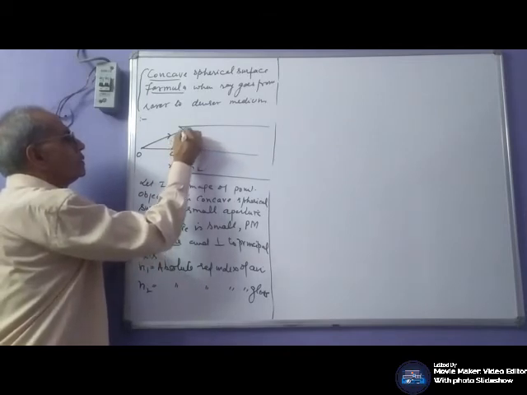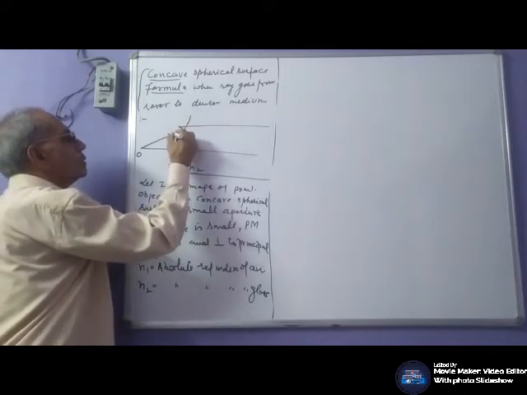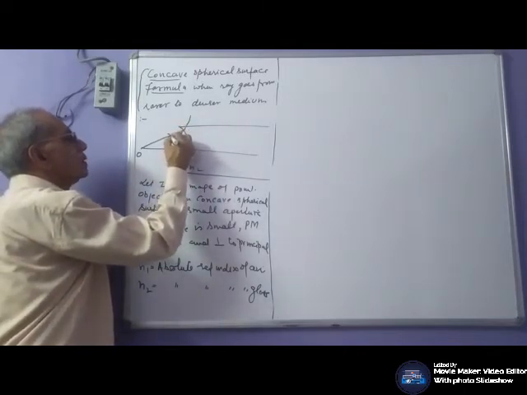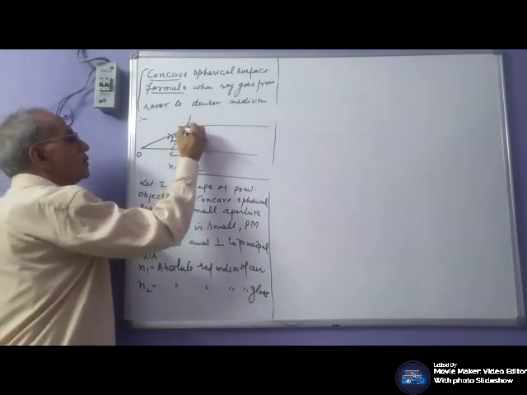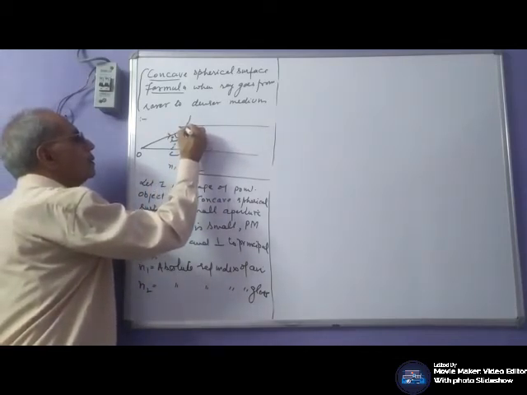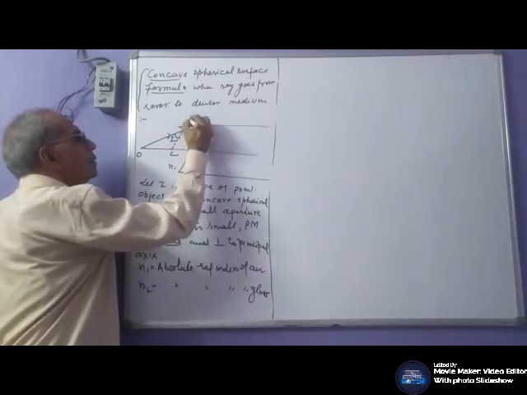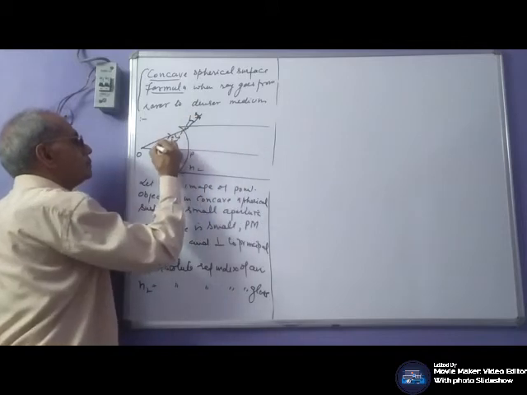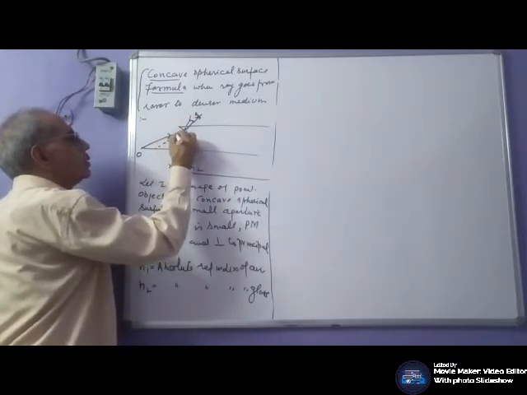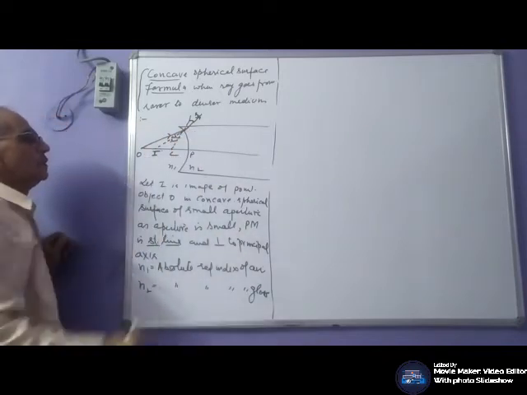This will be normal. This is I. It will bend towards normal. This is R. So this will be image.